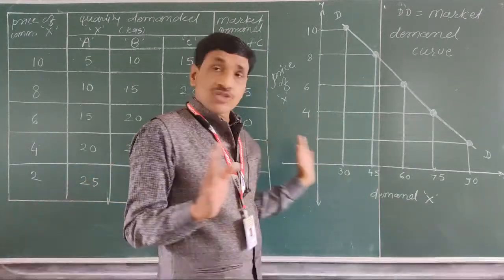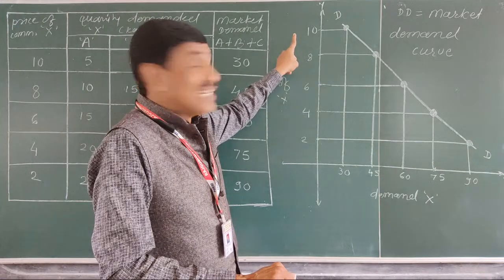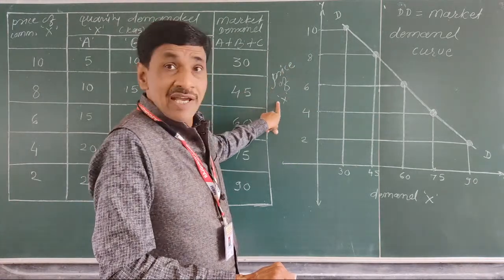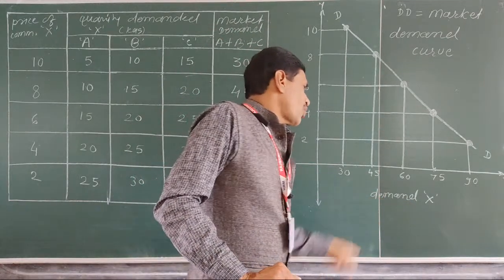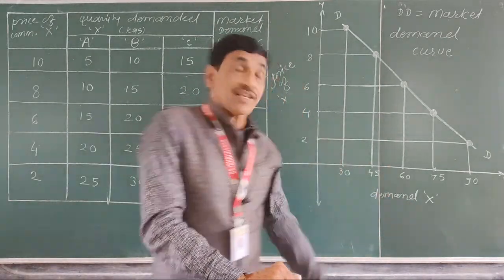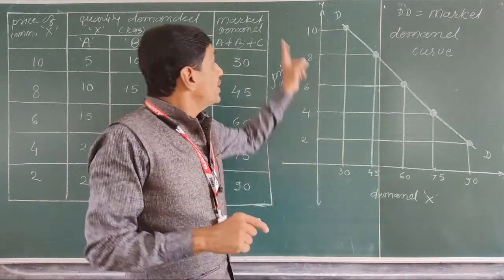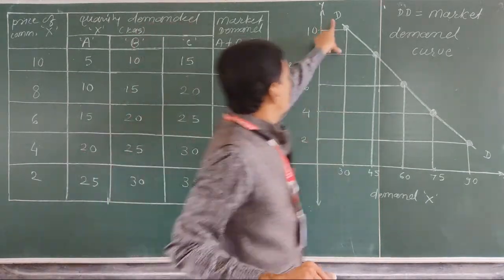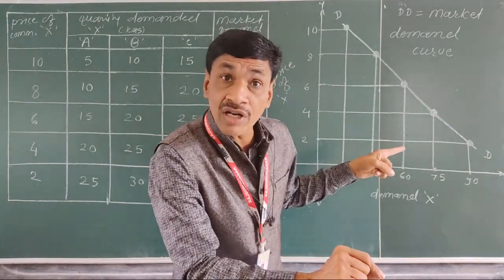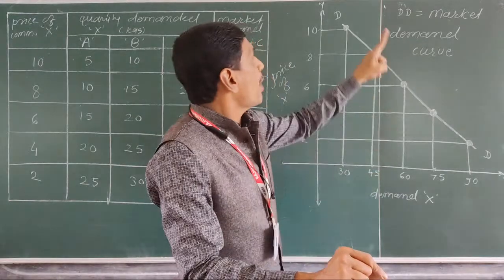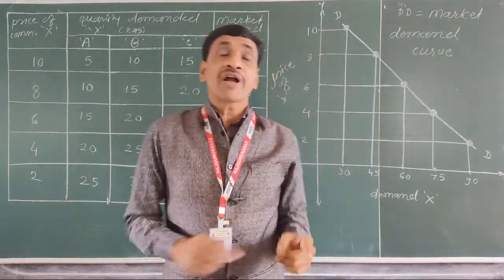In this diagram DD is the demand curve. Which demand curve? DD is market demand curve.